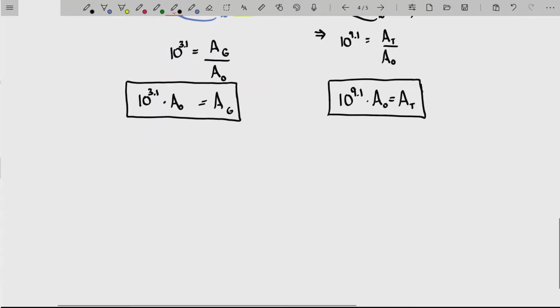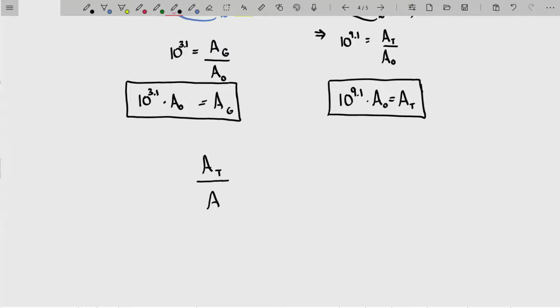You're going to take the amplitude of the earthquake in Japan and divide it by the amplitude of the earthquake today in the Geysers, California. Well, the amplitude of the earthquake in Japan was 10 to the 9.1 times the base level. And the quake at the Geysers today was 10 to the 3.1 power times, again, that base level.